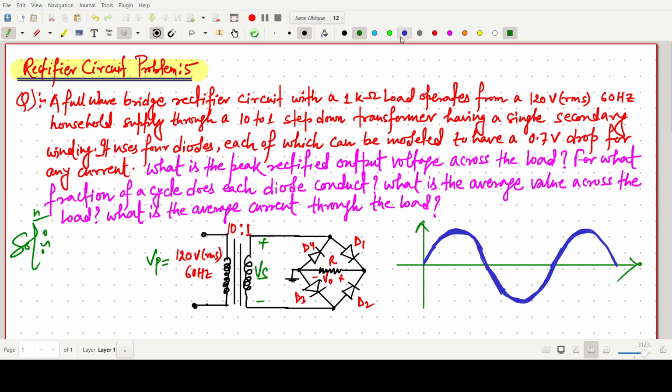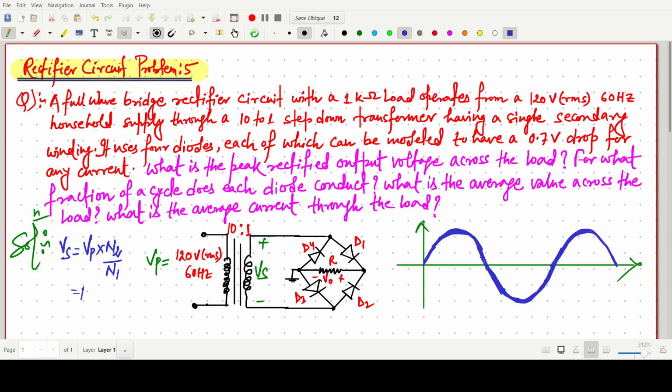This Vs can simply be found by using the formula: primary voltage times N2 by N1. In my old video I have mentioned the formula also, so I have just used that one.